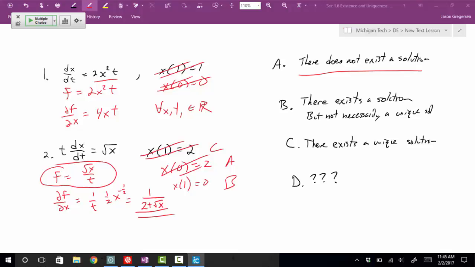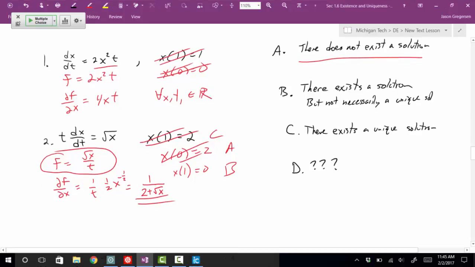The partial lets us know for sure that it is unique, if it's continuous. But now that we see that process, I can just give you that differential equation and you can just look at the left-hand side without the initial condition and say, where does there exist a unique solution?